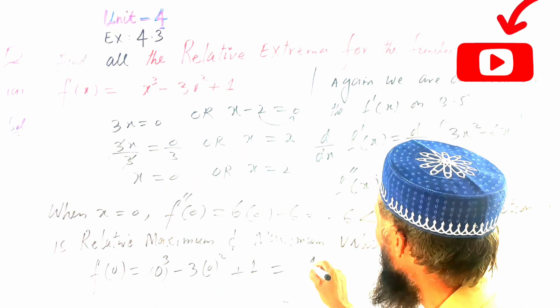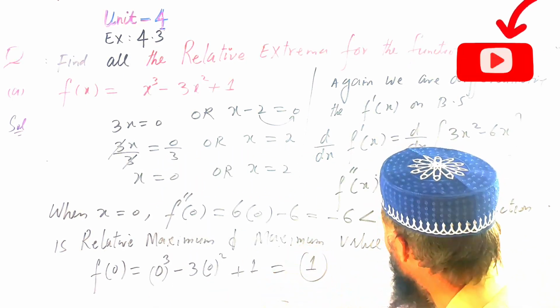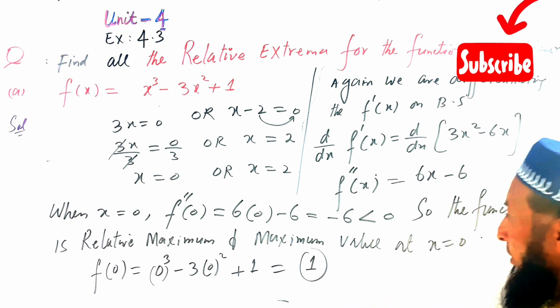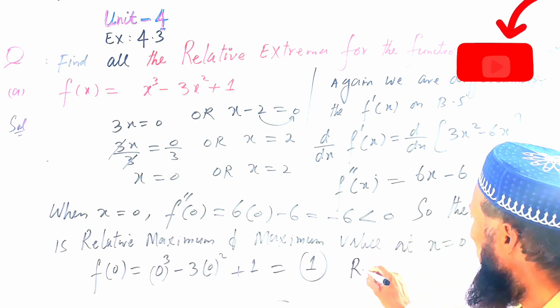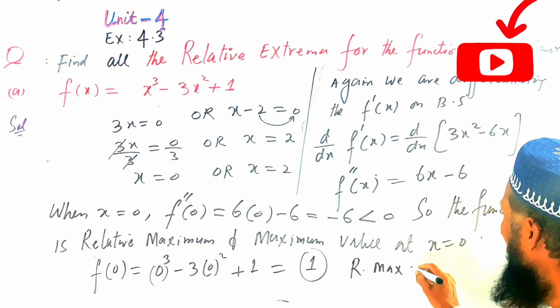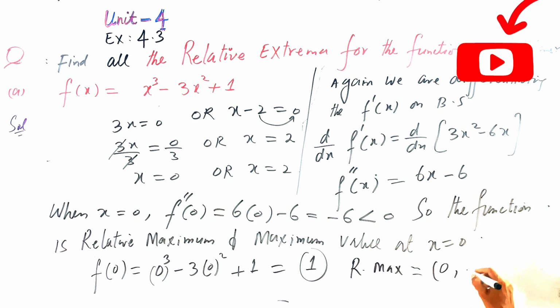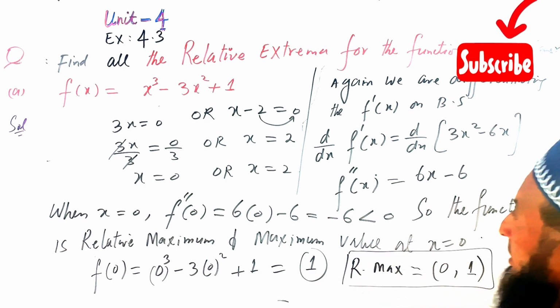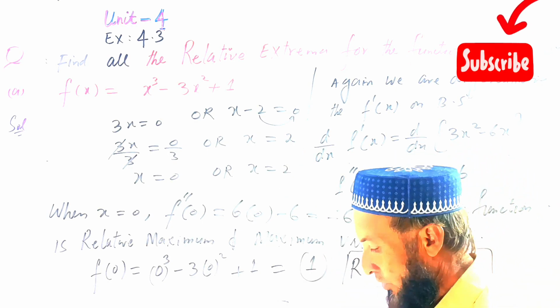Everything is 0, so we get 1. So the relative maximum value we get here is at 0 and 1.